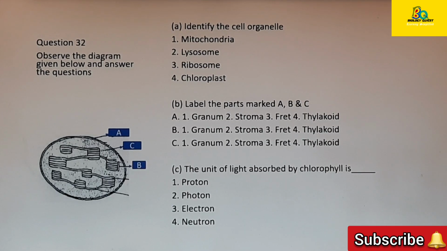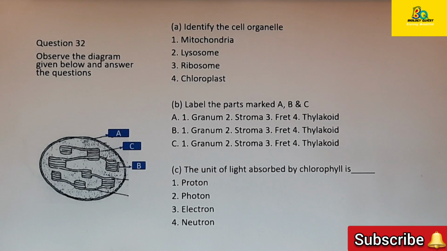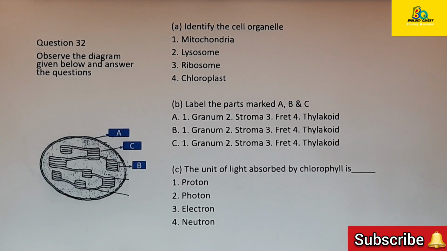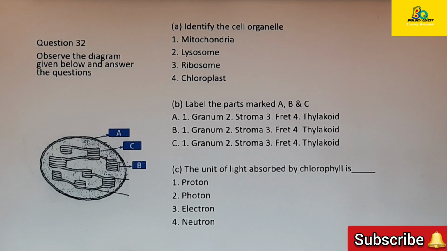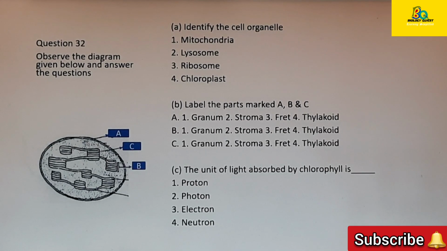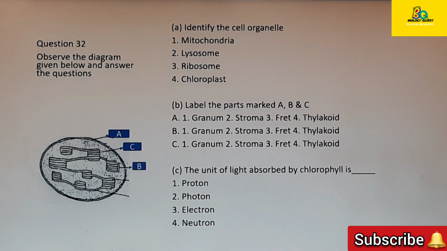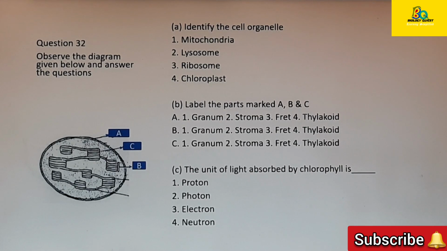Answer is, did you identify the organelle? It is chloroplast. Yes, it is the chloroplast. Label the parts marked A, B and C. So what is A? Look at the diagram. Don't look at the options in the beginning, just identify the parts and then come to the correct answer.